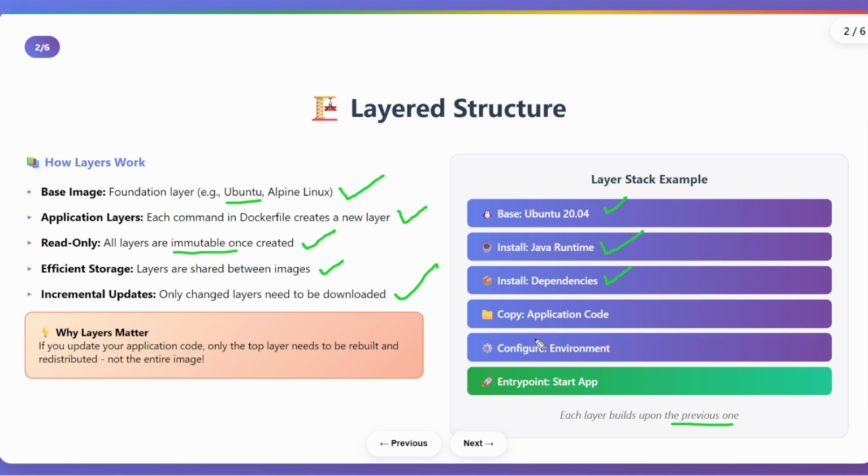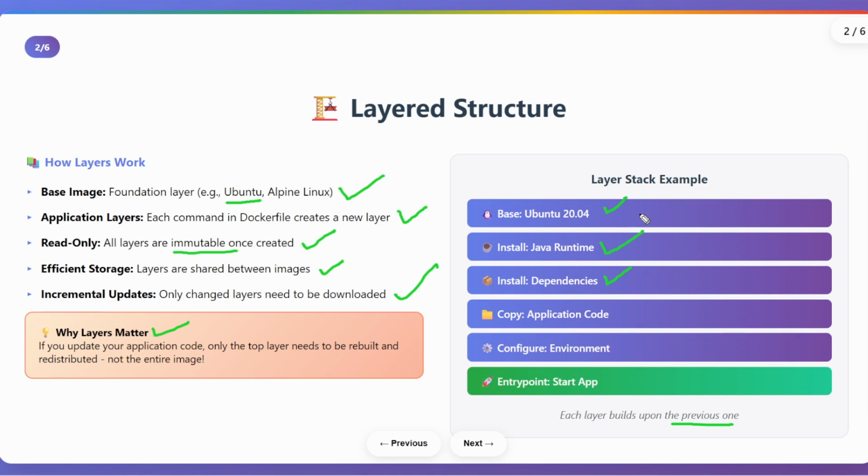If you maintain these incremental updates, it allows you to not rebuild everything again. Here, why exactly do the layers matter? If you update your application code, only the top layer needs to be rebuilt and redistributed, not the entire image. That is the incremental updates.